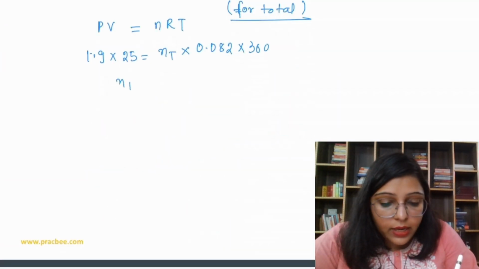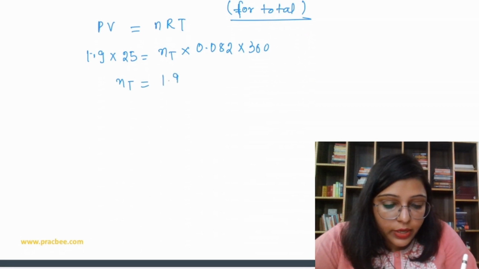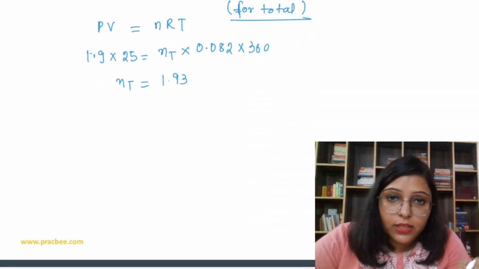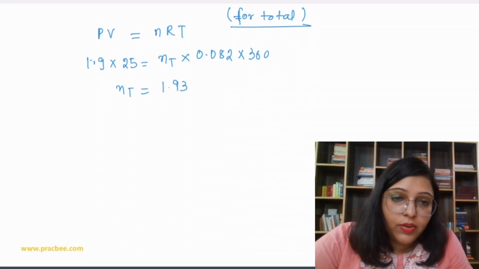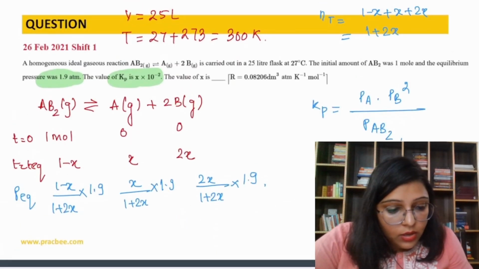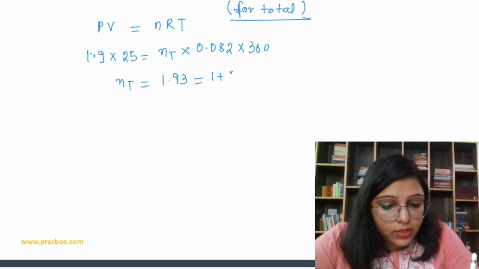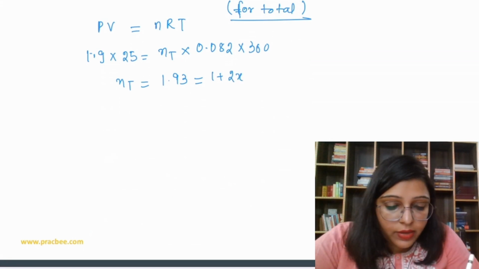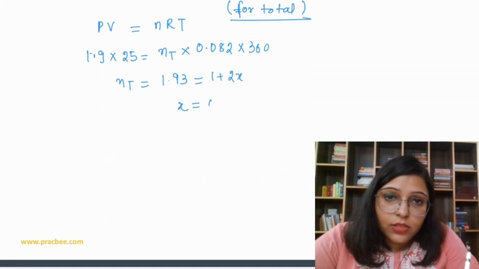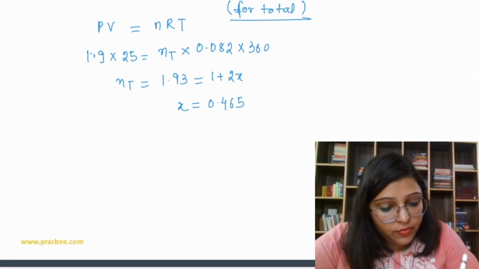On solving we get the total number of moles as 1.93. So 1.93 is equal to 1 plus 2x. From here we can find the value of x. So x is going to be 0.465.